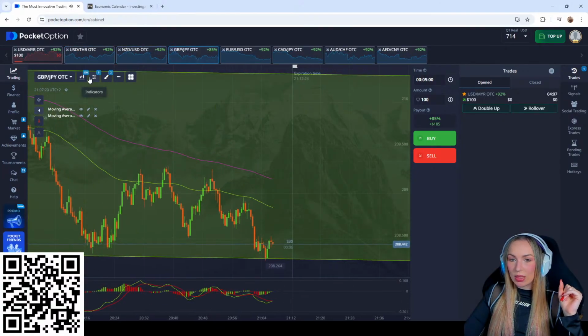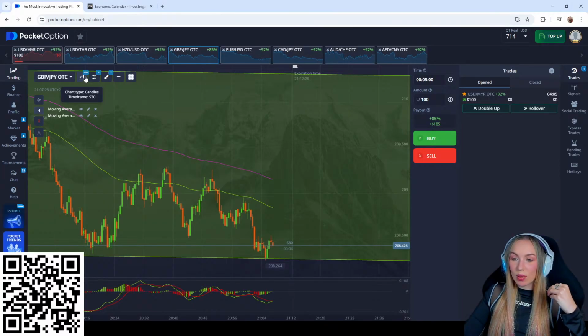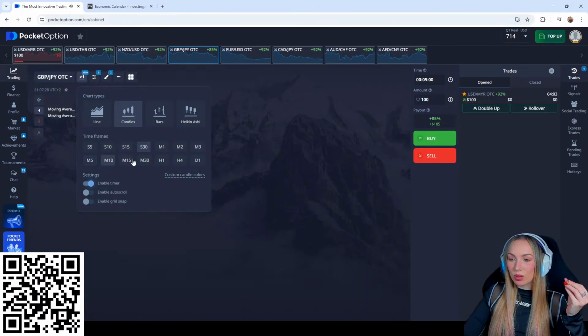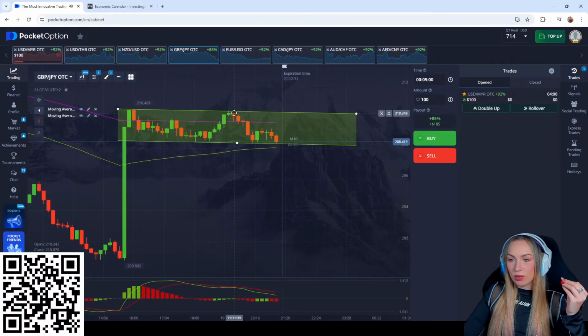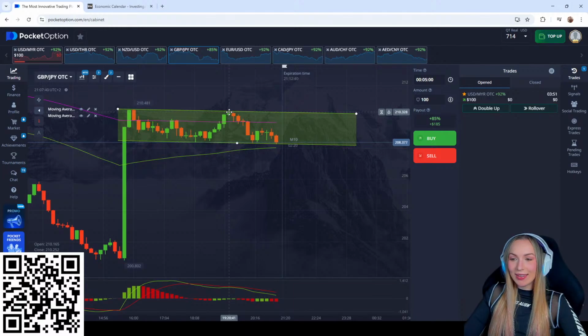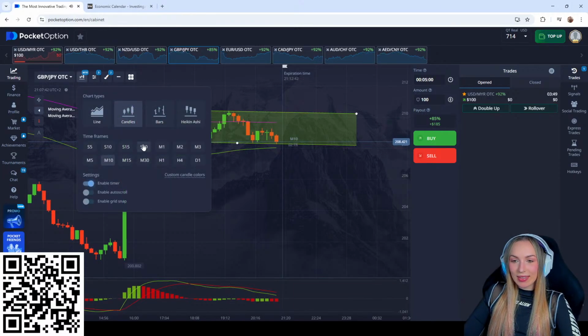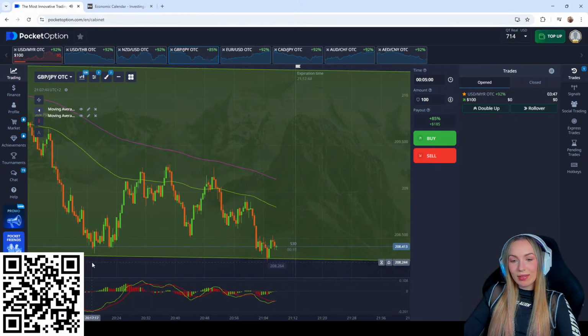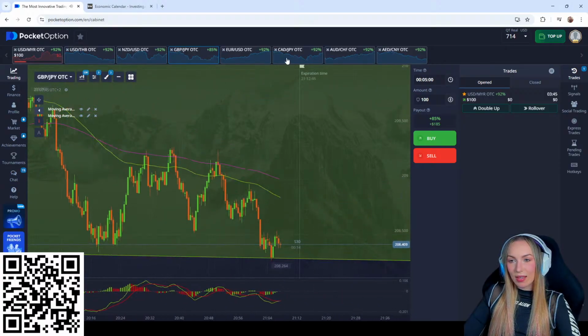What is going on here? GPY is about to form the signal, but here also the last time the price touched the resistance was at 820. Actually, not that far, well, kind of far. I don't think that the price will go too much up here, and it's very slow, the chart.